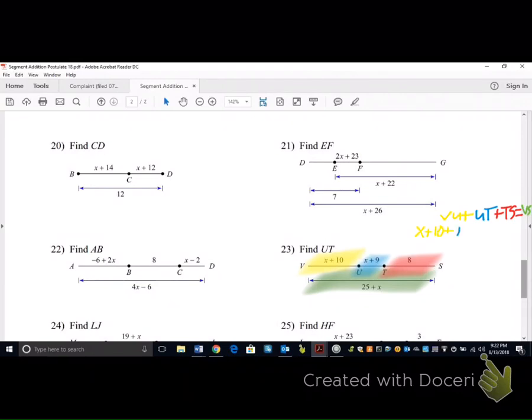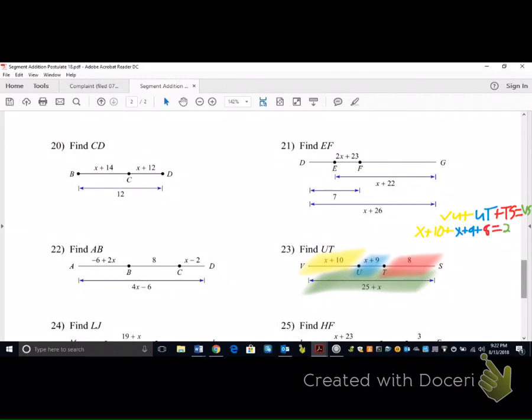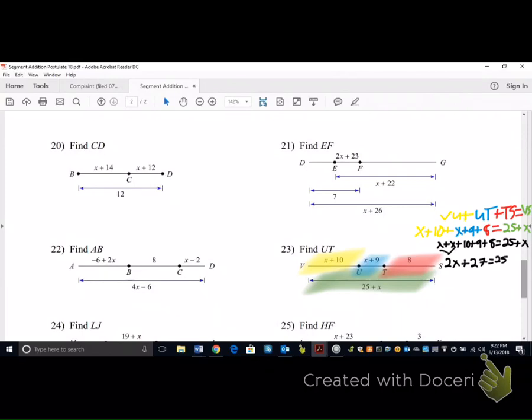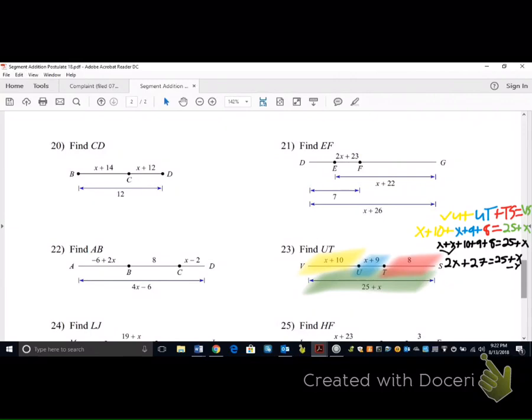Substitute: x plus 10 plus x plus 9 plus 8 equals 25 plus x. Solve it. That gives me 2x, and 10 plus 9 plus 8 gives me 27, equals 25 plus x.